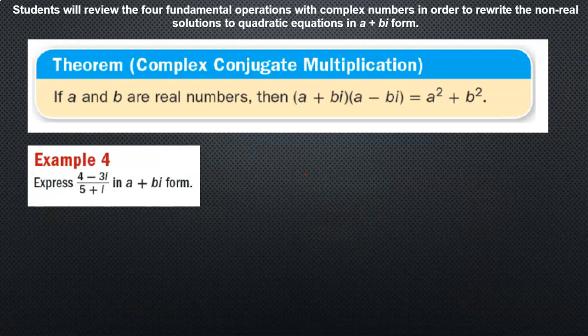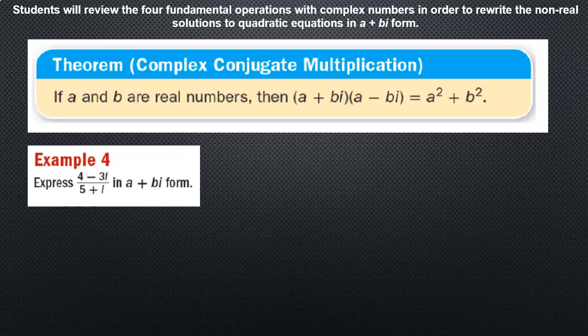Now, what could happen, though, is maybe you're not dividing by a number. Maybe this time you're going to divide by an imaginary number. So that's great. We can do that. When we divide by an imaginary number, though, we have to make sure that we get rid of all of the i's, because you can't have i's in the denominator because they represent square roots.